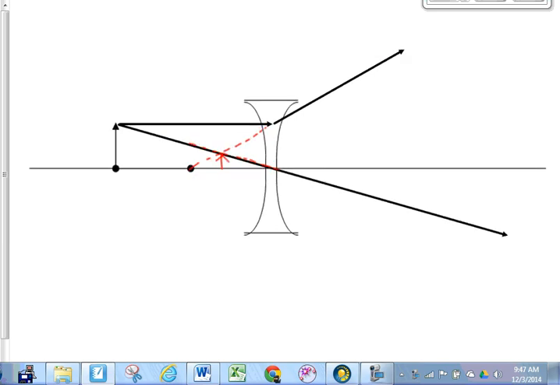Well, it actually looks to be a tiny bit bigger than the one that we just did, the image, but it's still smaller than the object. It's still upright, and it's still, as Maria said from the last one, virtual, because dotted lines intersect. We could not project that onto a screen.